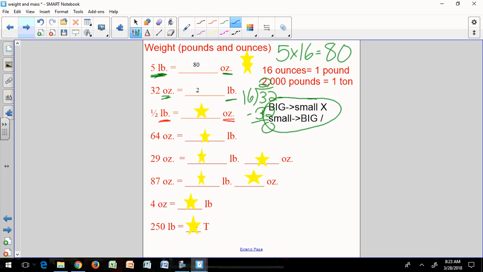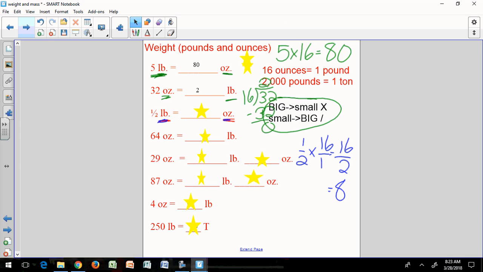But let's do it the old-fashioned way. We're going from something big to something small, so we're going to multiply. 1/2 times the number of ounces in a pound, we have 16. Now put that over 1 equals 16 over 2, which equals, if we divide 16 by 2, 8.